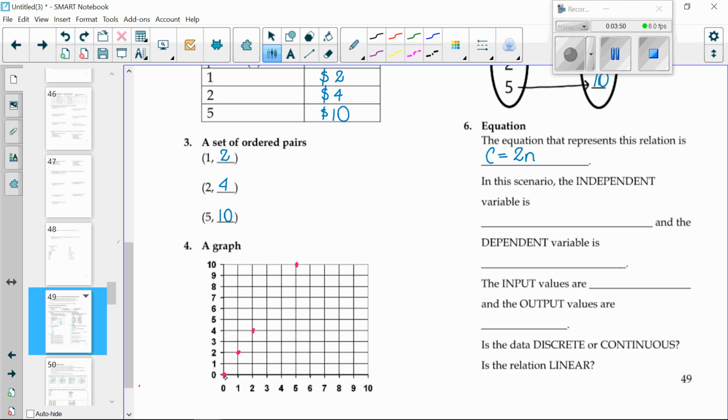In this scenario, the independent variable is the number of times parked. The cost depends on the number of times we park.